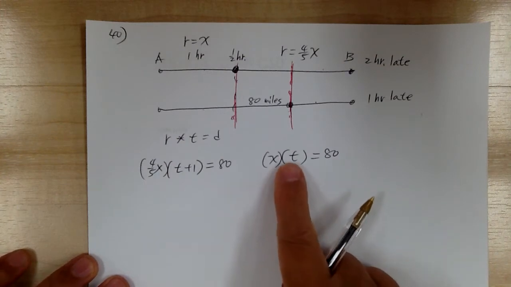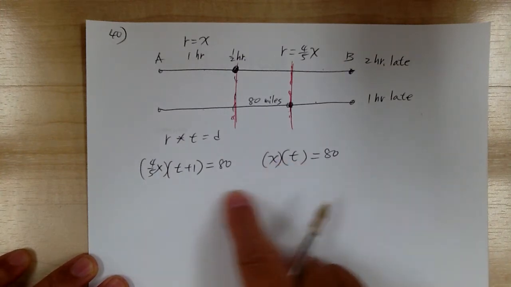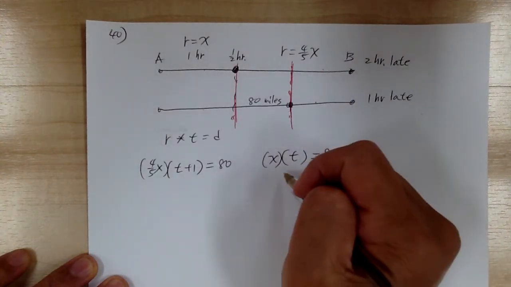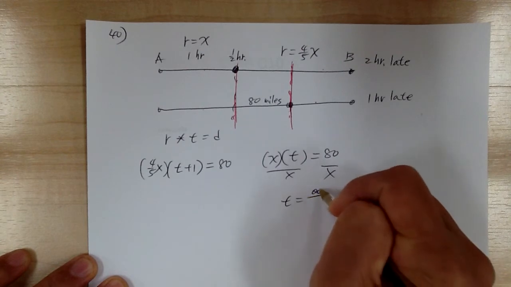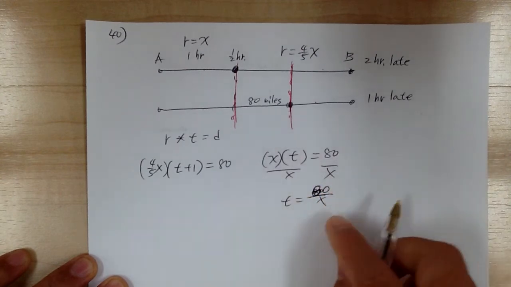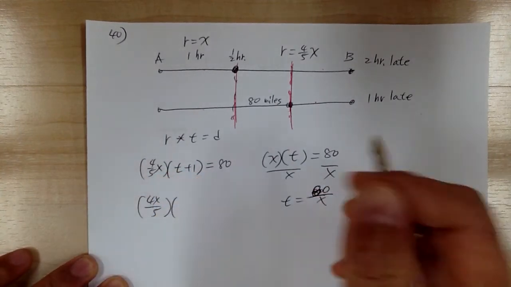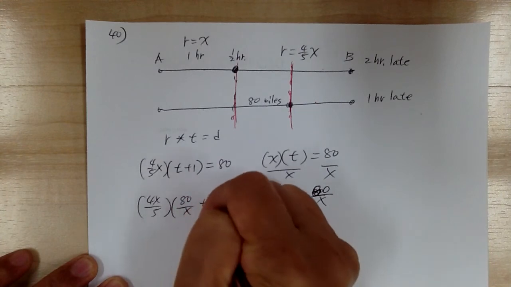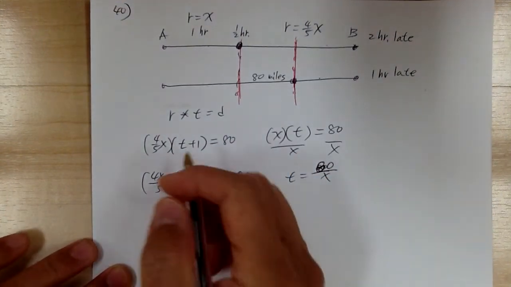Now this is an easy equation, so I'm going to simplify. I'm going to divide by x, so I got t equal to 80 over x. Then I'm going to substitute into here and add this together.